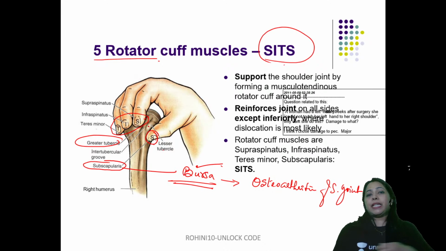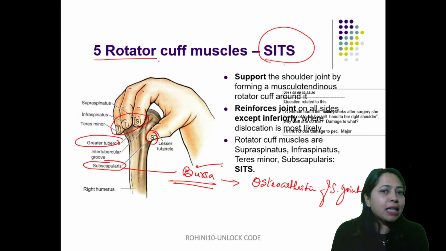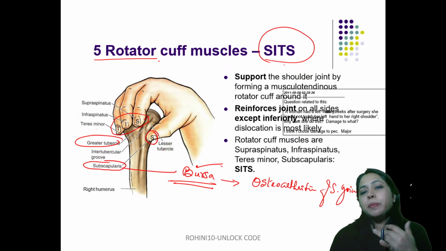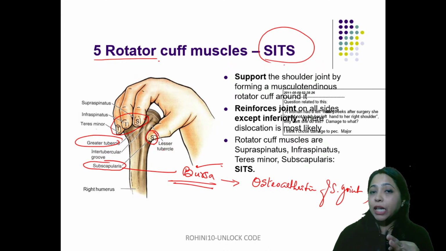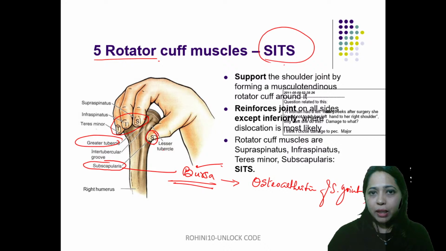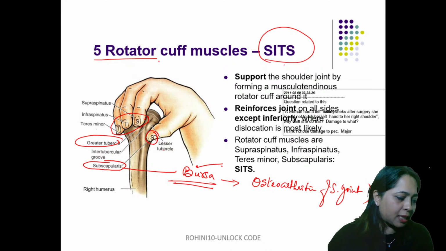Because that extends into the joint cavity, it has connection with the joint cavity, whereas the other bursae, you have supraspinatus bursae, you have subacromial bursa, you have deltoid bursa, all these other things do not communicate with the joint cavity, but only the subscapularis bursa communicates with the joint cavity. That's the reason.